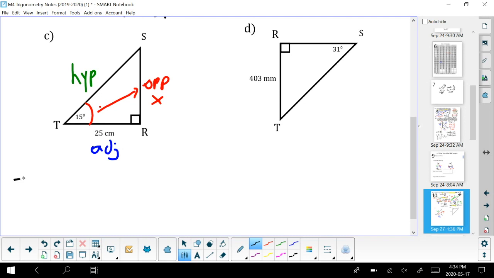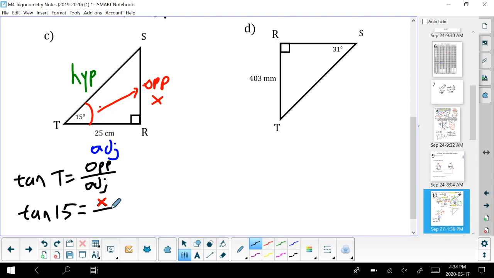So starting off with my formula, tangent of t is equal to opposite over adjacent. So we get tangent of 15 is equal to my opposite, which is x, divided by my adjacent side, which is 25.